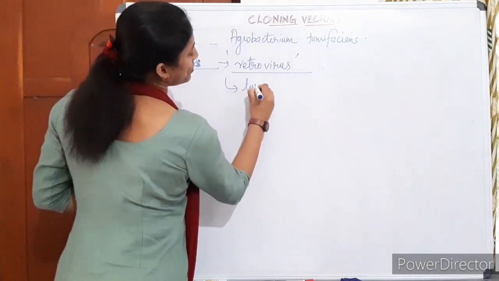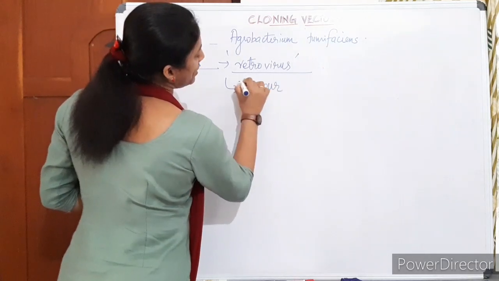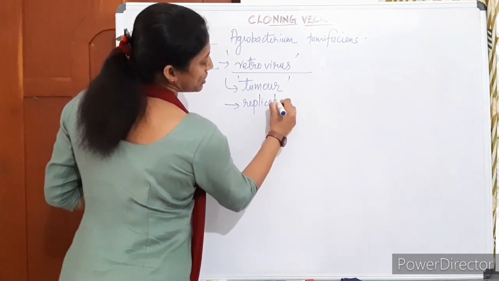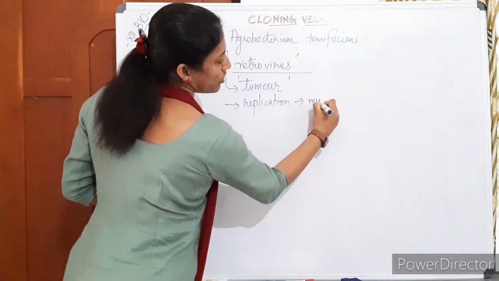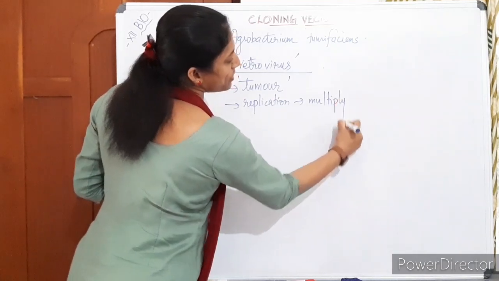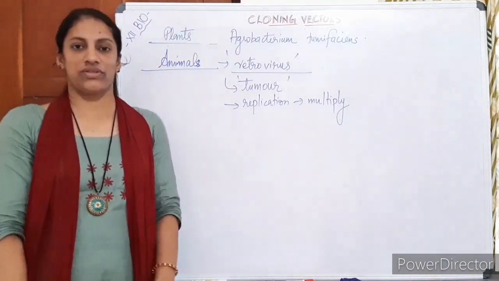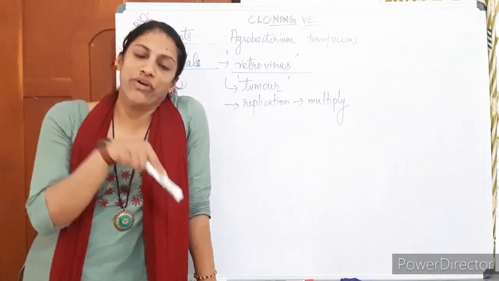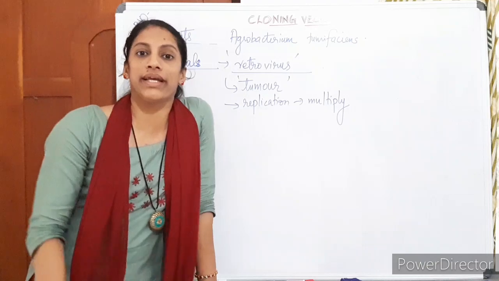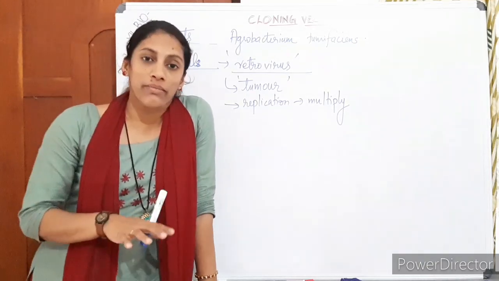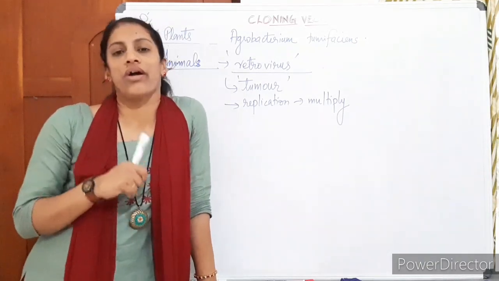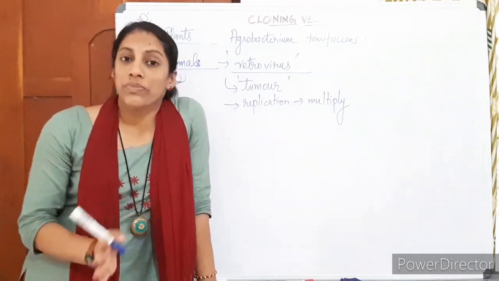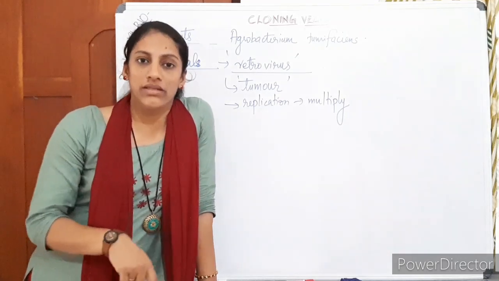This also can produce tumorous growth in animals, and this can help in the multiplication or replication of the gene of interest. It helps us to multiply or clone the gene of interest. Before that it should be disarmed, and if the virulent property is also there, the animal gets the disease. So the disarmed retrovirus is used as a cloning vector for animal cells or animal body. If it is not processed or not treated, the animal gets the disease.